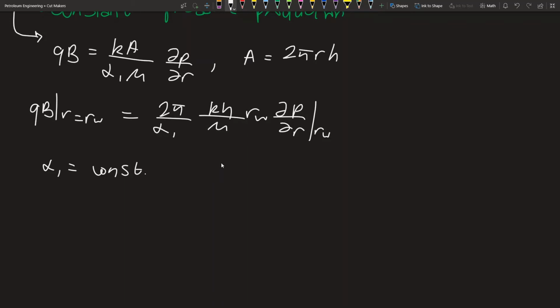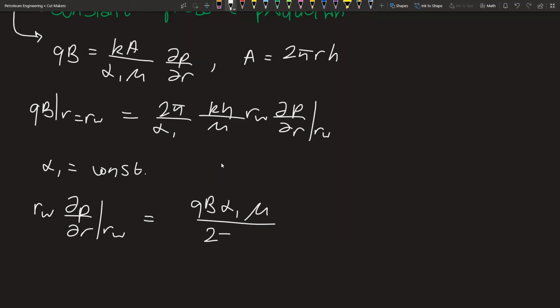Okay, so now let's rearrange this a little bit. We have R sub W dou P over dou R at R sub W. This is equal to QB alpha 1 mu over 2 pi kh.